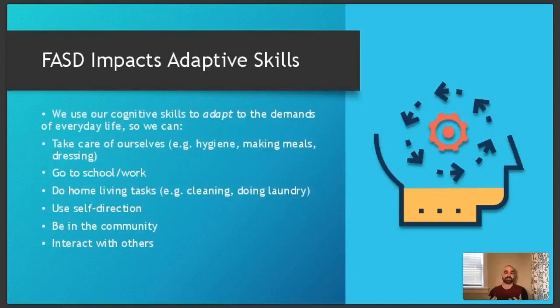All of those things take cognitive skills. And it's really important that most of us who are neurotypical adults remember that the things that seem so natural for us, that don't take any effort, actually are very complicated. And when you don't have even one skill, or in the case of FASD, multiple skills, simple things are no longer simple and we can't perform them.